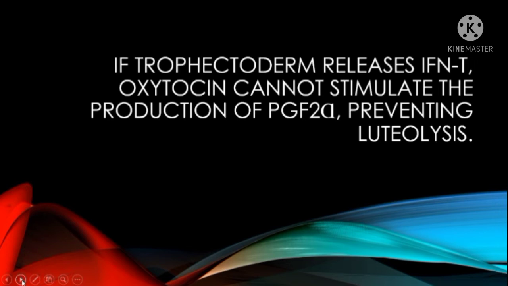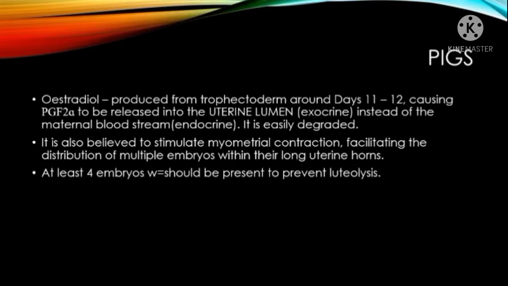which would continue the pregnancy. In pigs, however, it is completely different because the trophectoderm produces estradiol around days 11 to 12, which causes the release of prostaglandin F2 alpha into the uterine lumen, which is exocrine, instead of the maternal bloodstream, which is endocrine.